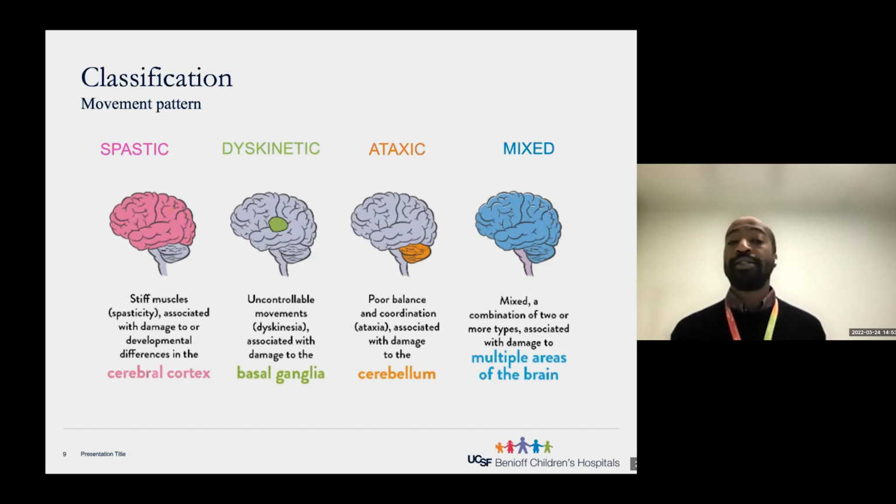Those movement patterns may also correlate with the areas of the brain that are injured, where spastic is a cortical injury, dyskinetic is an injury to or abnormal development of the basal ganglia, a deep brain structure, ataxic is injury or abnormal development of the cerebellum, and a mixed athetoid movement pattern may have multiple areas of the brain impacted. The majority of children with cerebral palsy are described as spastic, over 80% of cases.